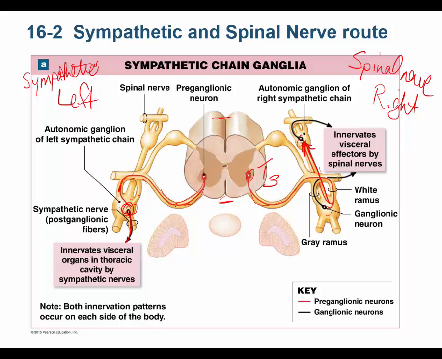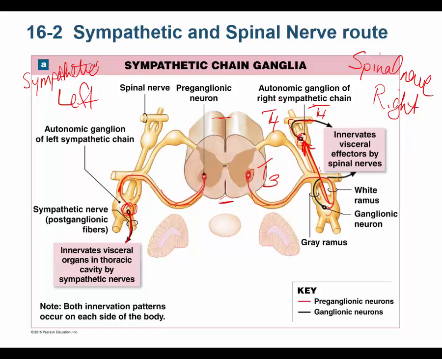Then you can synapse in the sympathetic chain ganglia at T4. Let's say that's T4. And then that postganglionic neuron leaves the spinal nerve from T4. So you can have intersegmental travel here through the spinal nerve route. All right.